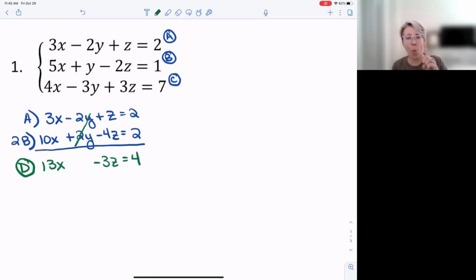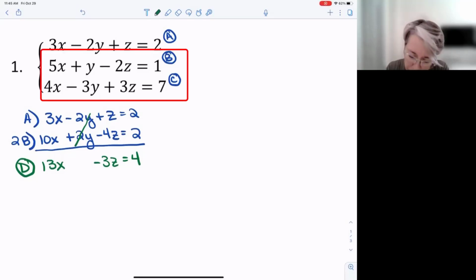So now I have one equation with 2 variables. I need to come up with another equation with the same 2 variables, which means I need to choose a different pair, either A and C or B and C, and then come up with another equation where I've eliminated the y. Since B already has a single y, let's use B again. But this time, since we're trying to get rid of the y in C, we're going to multiply equation B by 3.